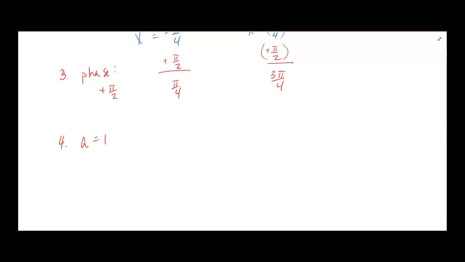So let me divide up my graph. I know that I'm going between pi over 4 and 3 pi over 4. Those are my vertical asymptotes, okay? And then midway in between would be pi over 2.